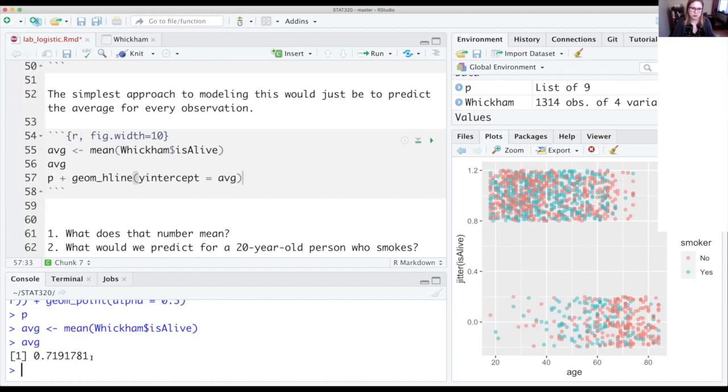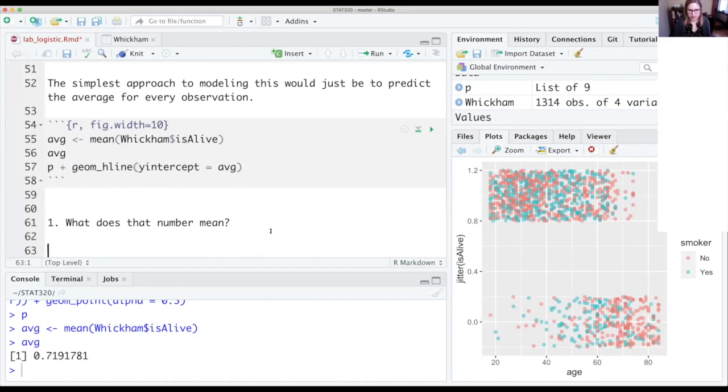Seems like on average there's more alive people than dead, at least. Yes. So it says the average aliveness of the whole data set is 72%, or you could think of it as just the percentage of people who were alive in the data. So it's the percent of alive people. It's about 72%.